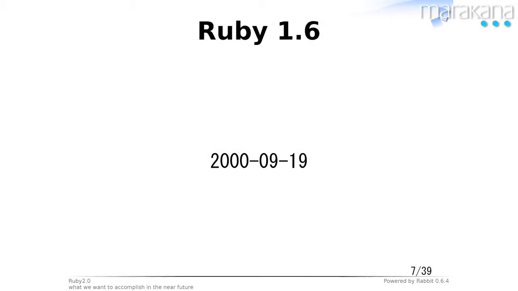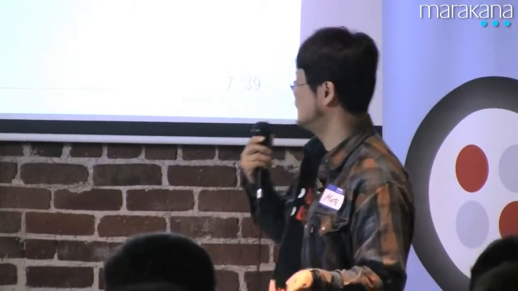For 1.6, I wanted to release it in the middle of the summer, but some bugs and troubles bit me, so I failed to release in the middle of the summer. It was released on September 19th.